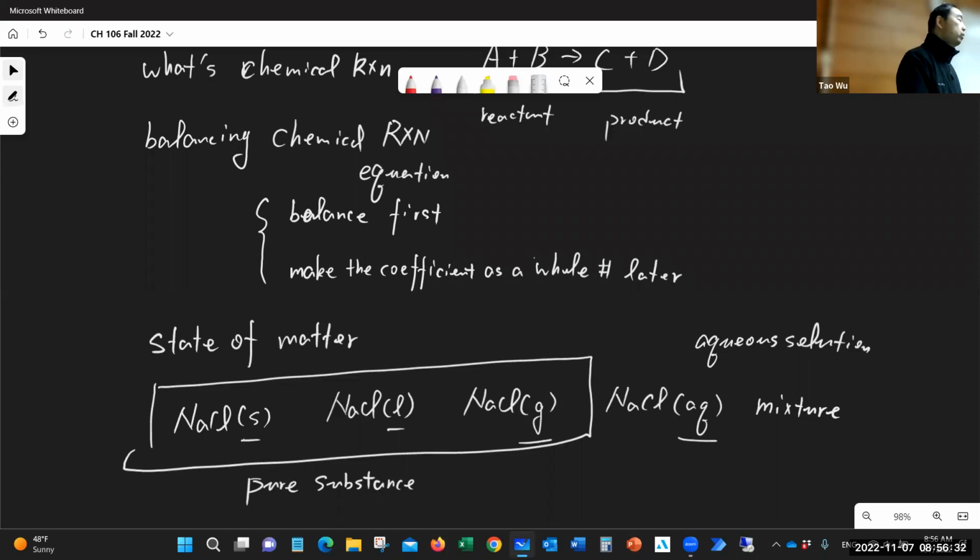Those are pure substance states: solid, liquid, and gas. But the last one is the mixture. It's solid sodium chloride dissolved in the water. So those are the different states. When we talk about a chemical reaction, we generally talk about those 4 different states. The last one, aqueous, is a mixture. It's not the same as the previous 3 states.